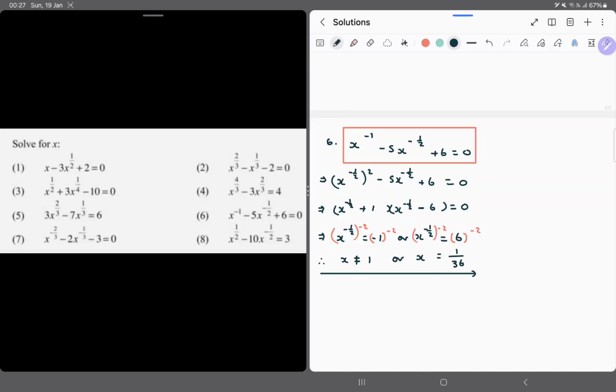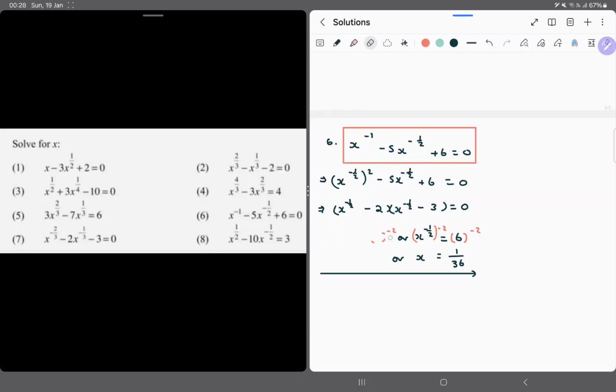That 6 is positive, so my factorization is incorrect. Okay, this must be both. In fact, now I changed my factors. So these factors must be both negative. This is going to be 3 and 2. Okay, so we botched it a bit.